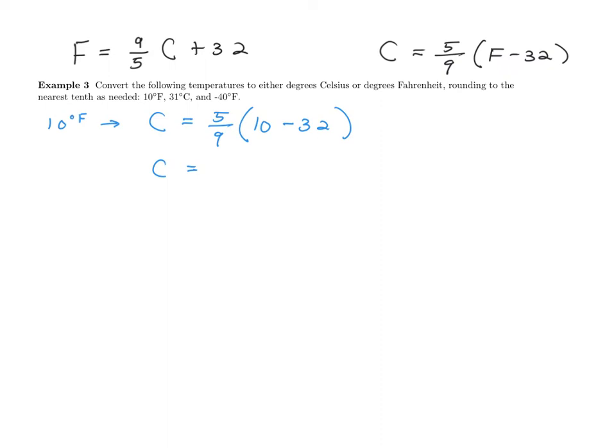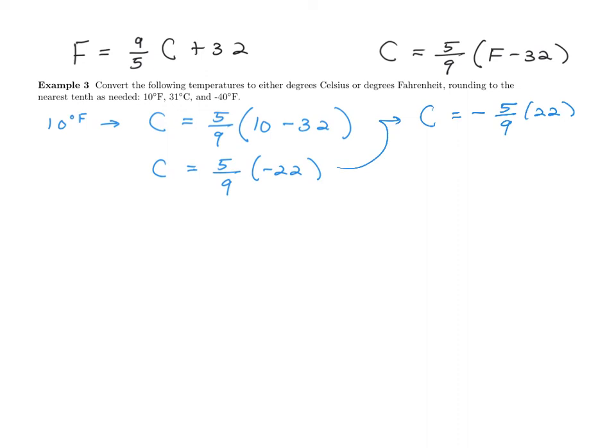So we're going to get negative 22. This is 5/9 times negative 22. A negative, if there's only one and you're multiplying together, means the entire result is going to be negative. It'll be negative 5/9 times 22.